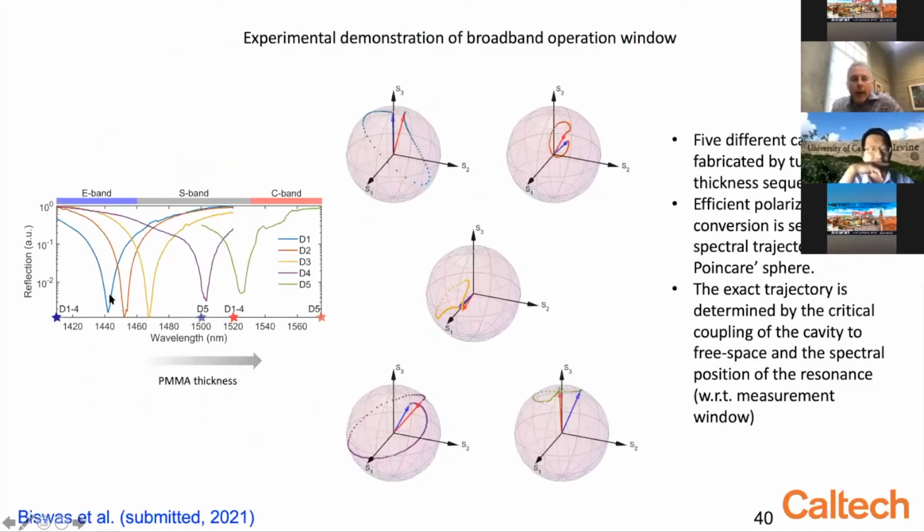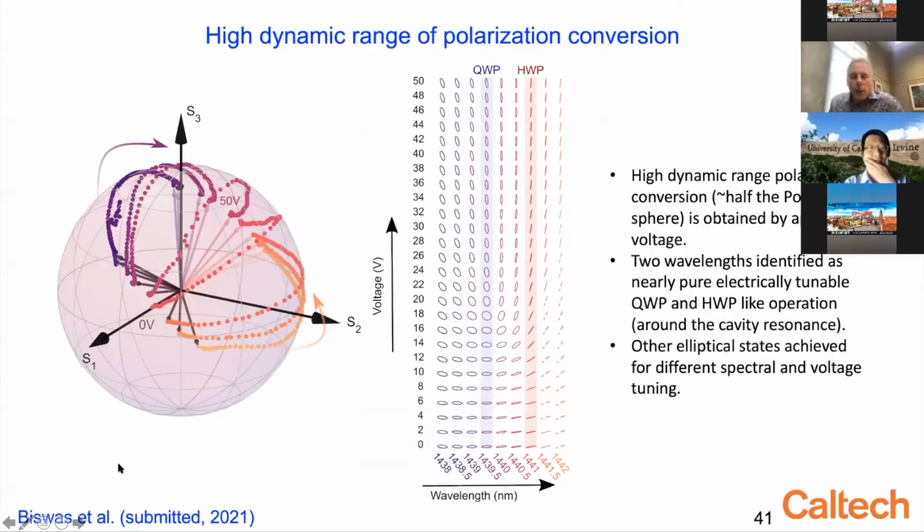Now I can create cavities that are resonant at different frequencies across the C band in the telecommunication regime. I can actually span all of these bands, the E band, the S band, and the C band, by changing the cavity length. And I can also traverse different trajectories on the Poincare sphere. So this is really quite interesting. This is now telling us that we have the elements of building an electronically tunable polarimeter using metasurface elements.